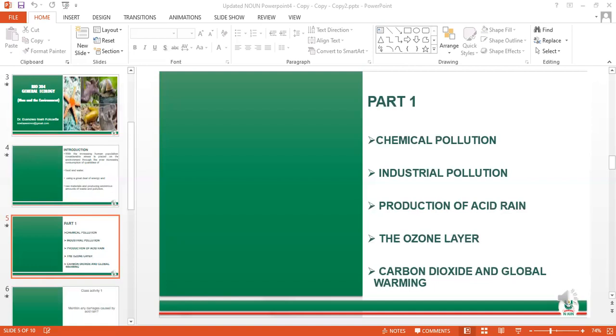These water channels could flow into tributaries and affect aquatic organisms. They could destroy aquatic biota and cause so much havoc to the extent that they become unusable.